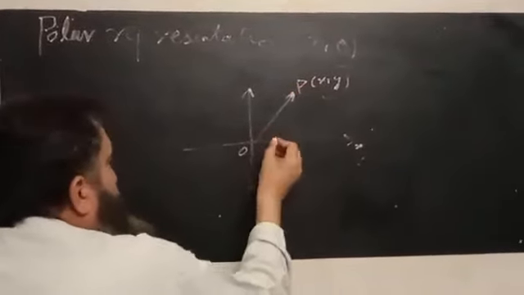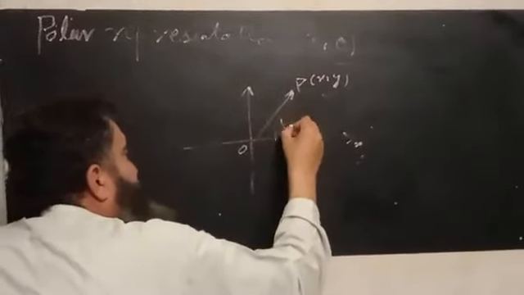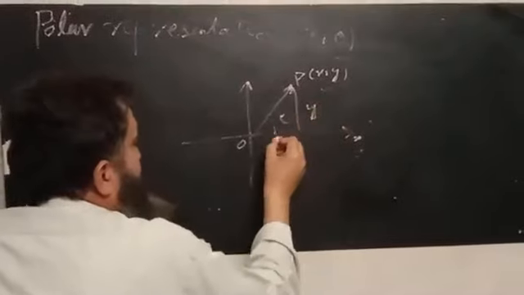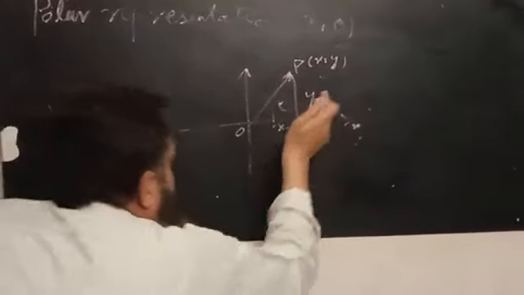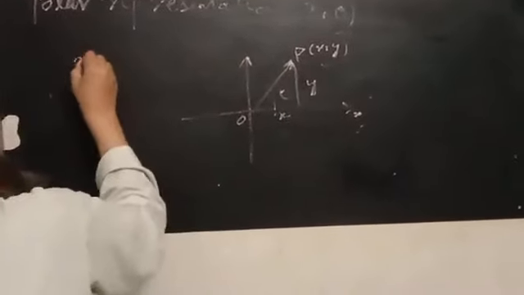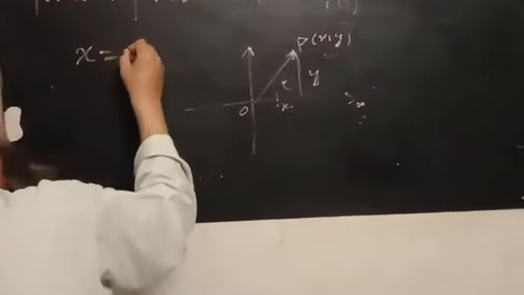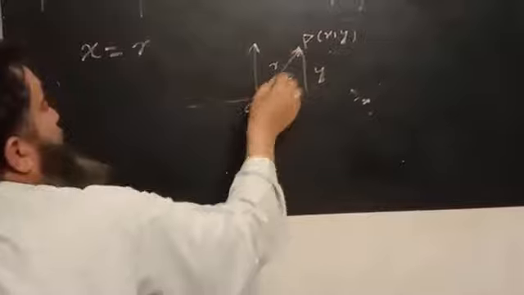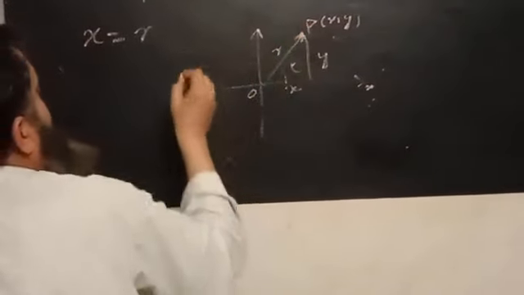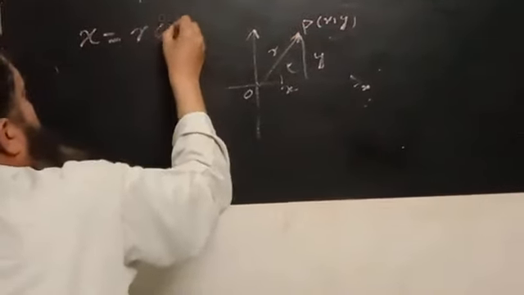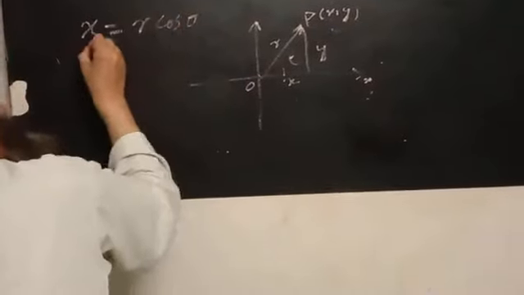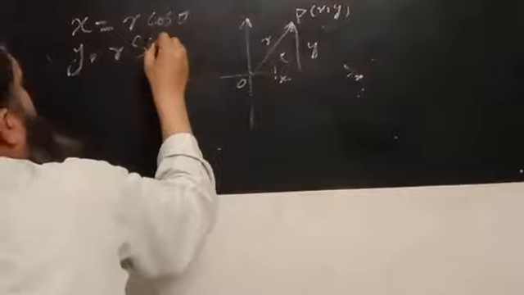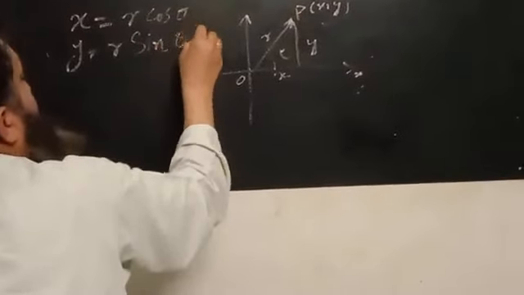Now in polar coordinates, if this is theta, then this will be equal to y and this length is equal to x. From here we can get that x is equal to r cos theta, where r is the length, the absolute value or modulus of the complex number, and y will be equal to r sin theta.